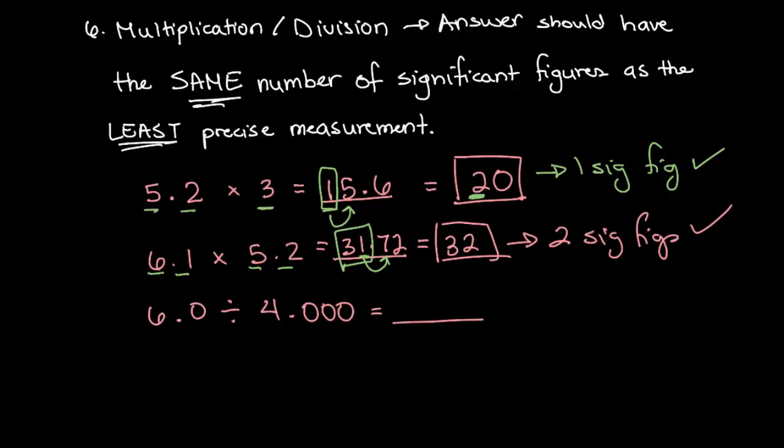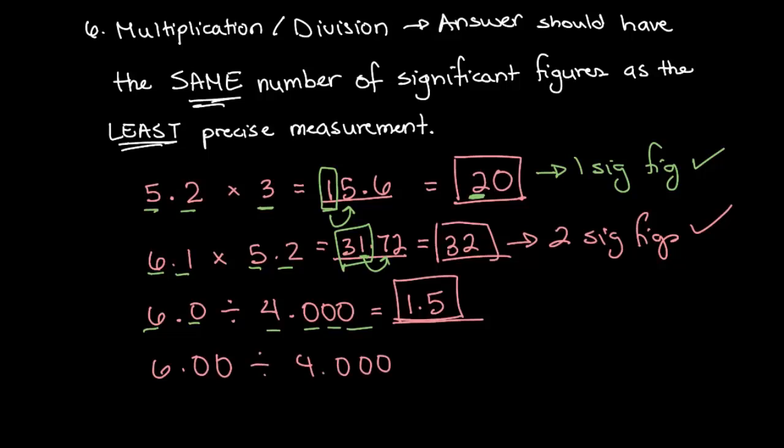For the last one, 6 divided by 4, we get 1.5 exactly. And since we get 1.5 and we only have to put 2 significant figures instead of 1, 2, 3, and 4, that would be our final answer, 1.5. Now, if we would have had 6.00 divided by 4.000, remember, we have 1, 2, 3 significant figures versus 1, 2, 3, and 4.